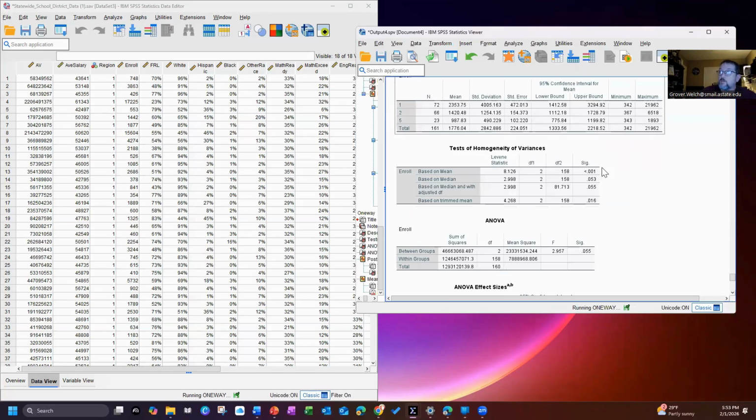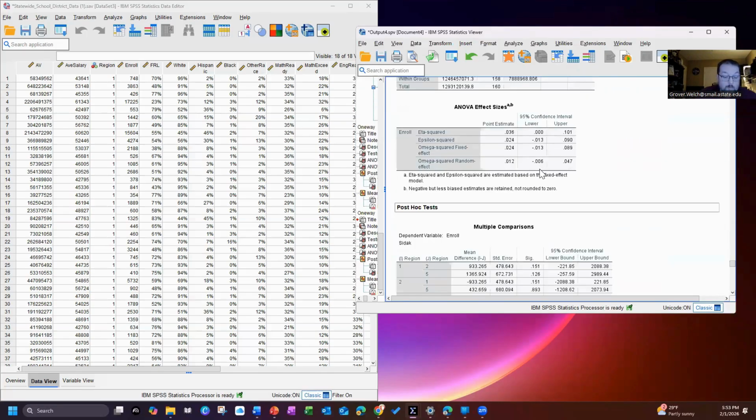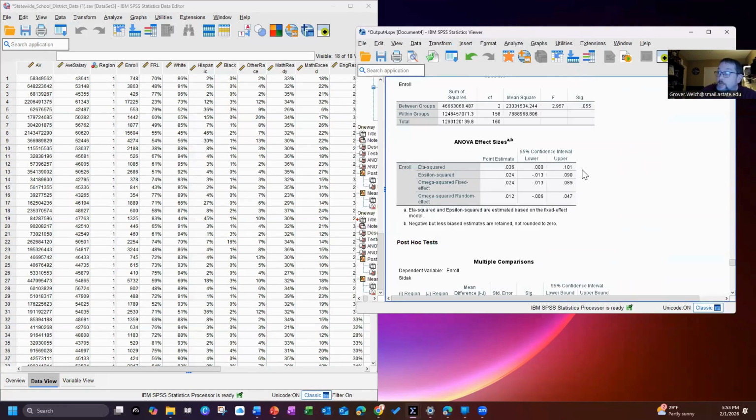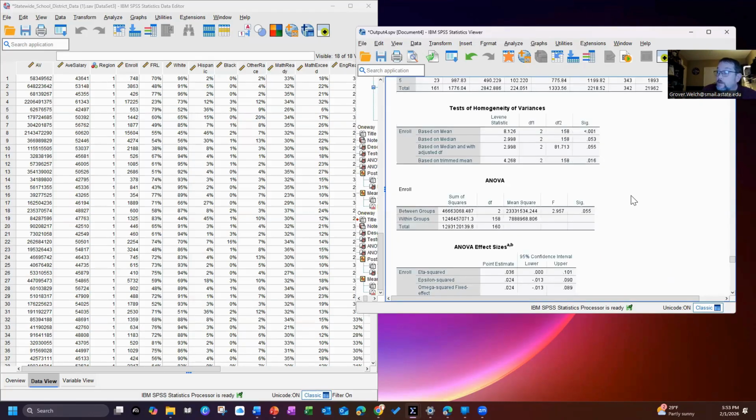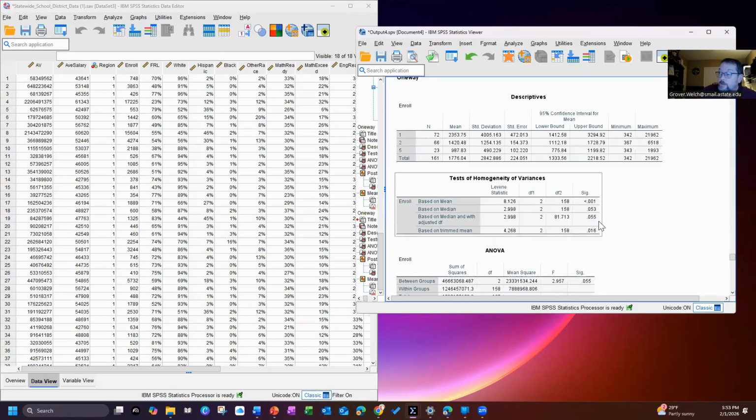When I look at my statistics, what I find important is the test of homogeneity of variances. Based on my mean, the significance value was less than 0.001.